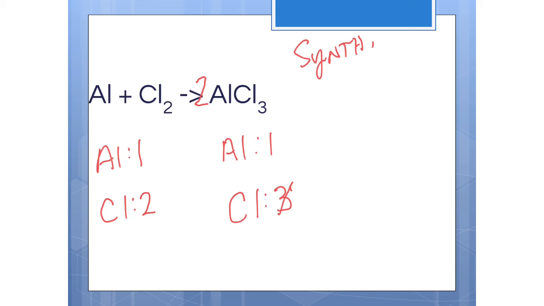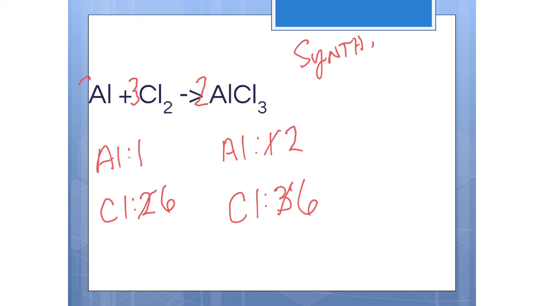So that's going to give me 6 chlorine, but it's also going to give me 2 aluminum, right? Because the 2 times the 1 aluminum, and then the 2 times the 3 chlorine. Now how do we get 6 chlorine on the other side? Well, we're going to go ahead and put a 3 here. 3 times 2 gives us 6. But now the aluminums are off balance, and so we have 2 aluminum this side.